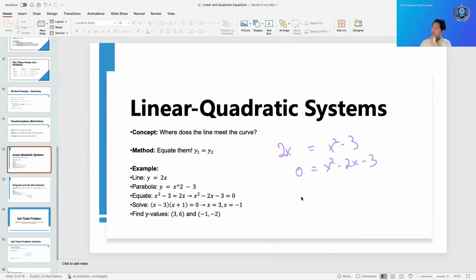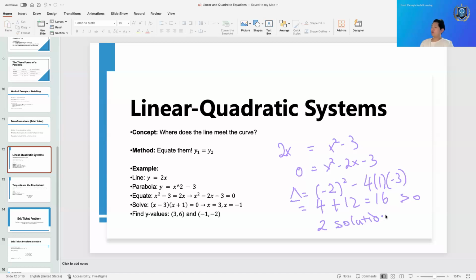Taking a look at the discriminant, it would be negative 2 squared minus 4 times 1 times negative 3. I get 4 plus 12, which equals 16. That is a positive number, so the discriminant is bigger than 0, so 2 solutions.